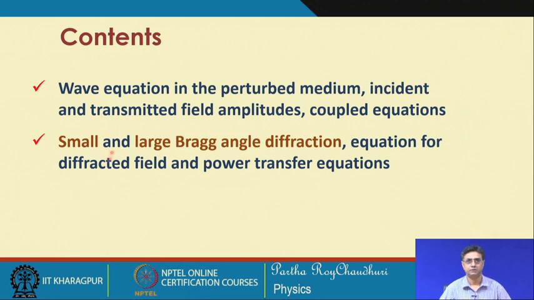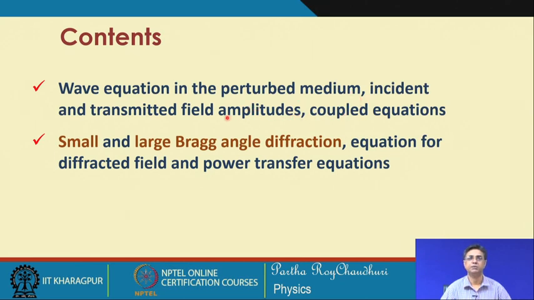So, the content of the discussion today is we will be starting with the wave equation for the perturbed medium. Basically, this perturbation is due to the periodic perturbation of the refractive index in the medium through which the light wave is passing, and then we will look at the transmitted field amplitude and formulate this coupled wave equation.